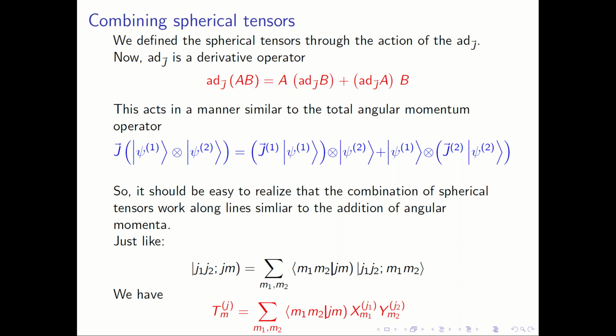Just to point out, the 2j1 plus 1 components of X combine among themselves when you rotate your coordinate system. The 2j2 plus 1 components of Y do the same. What happens to the products? When you form all possible products of X j1 m1 and Y j2 m2 for fixed j1, j2, then you get 2j1 plus 1 into 2j2 plus 1 different operators, and when you rotate, they of course combine among themselves.